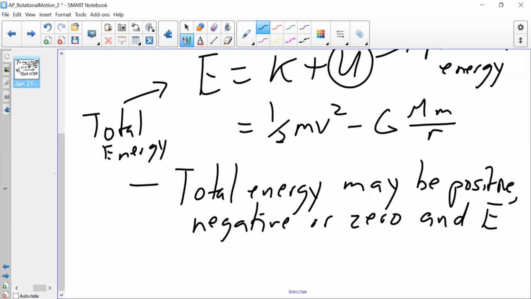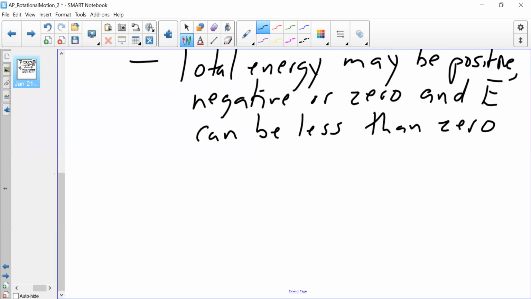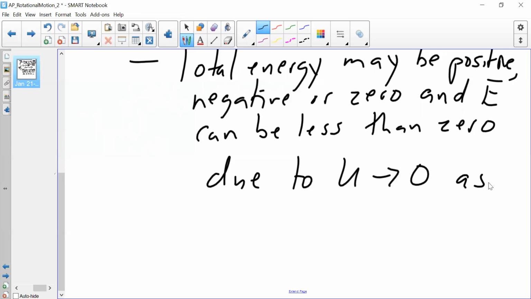And E, the energy, can be less than zero, due to U going to zero as r goes to infinity.